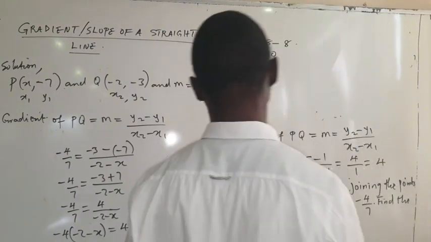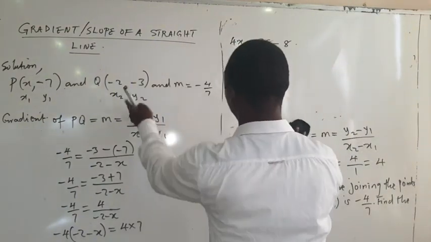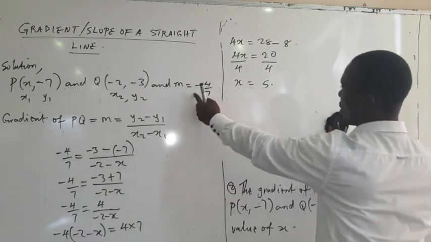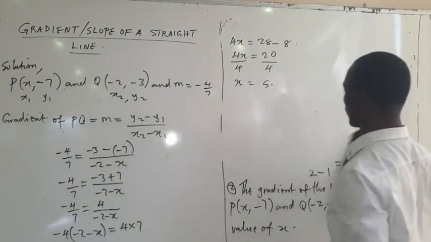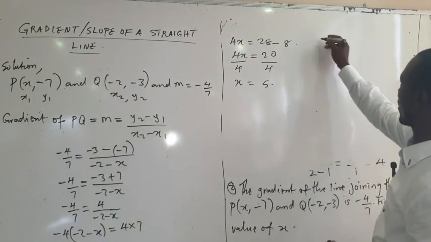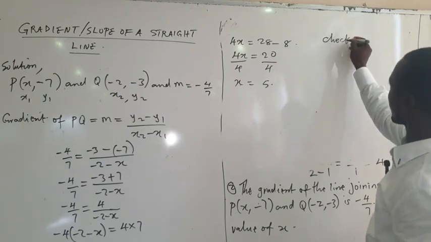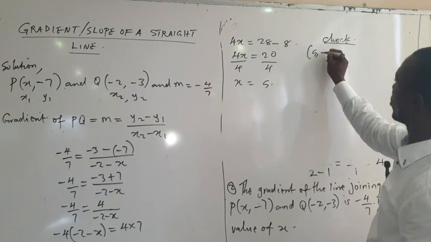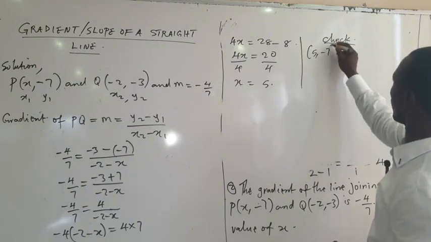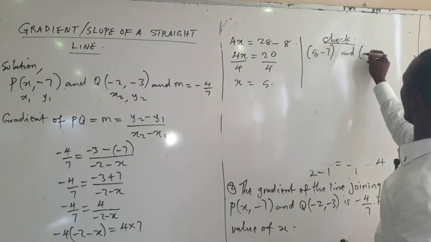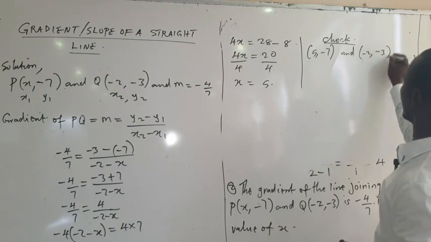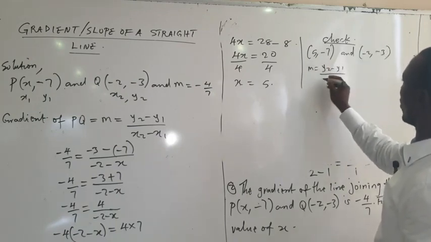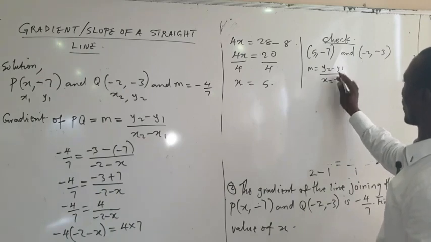You can even check the answer to know whether your gradient, after substituting for x equals 5, will be equal to minus 4 over 7. So let me just check here. The 2 points are 5 comma minus 7, and Q is minus 2 comma minus 3. So gradient is y2 minus y1 all over x2 minus x1.